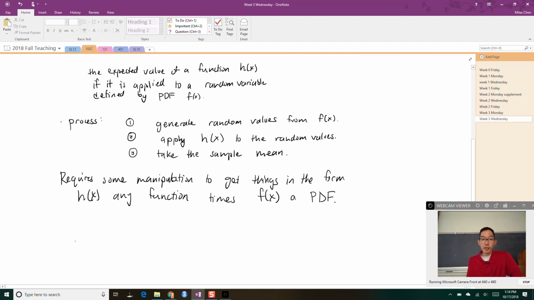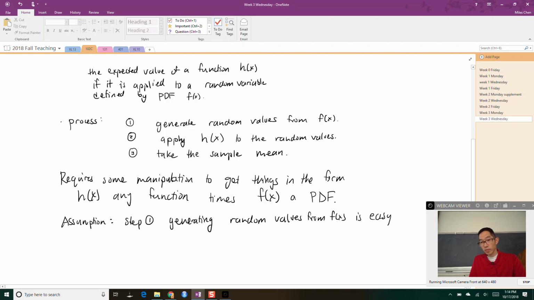Okay, and there's a major assumption, and the assumption is that step 1, generating random values from f of x, is easy.